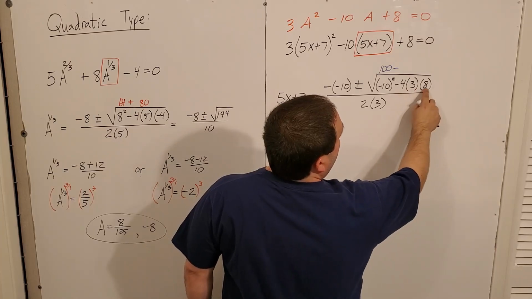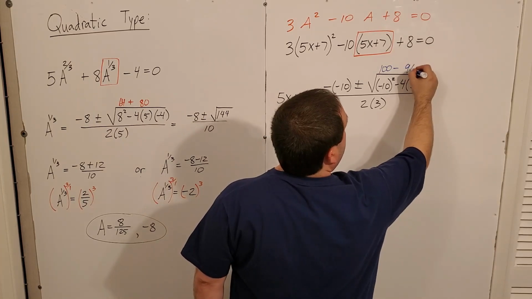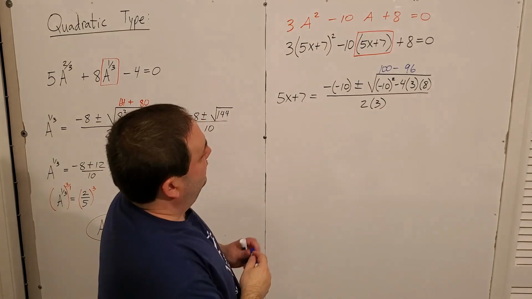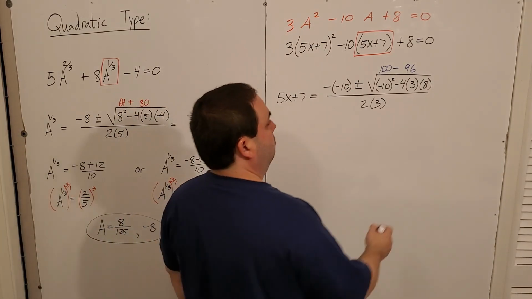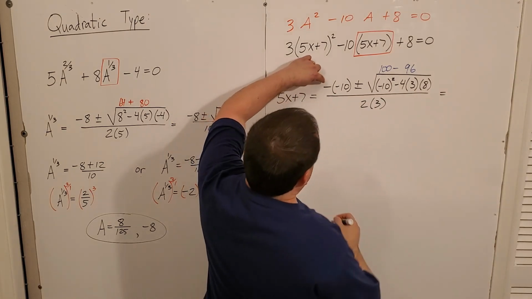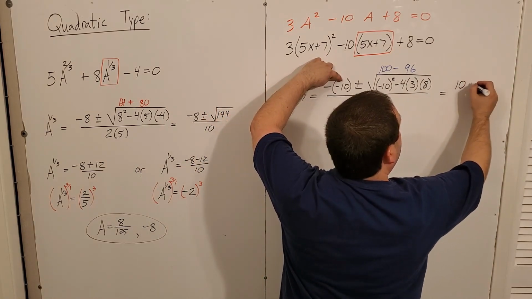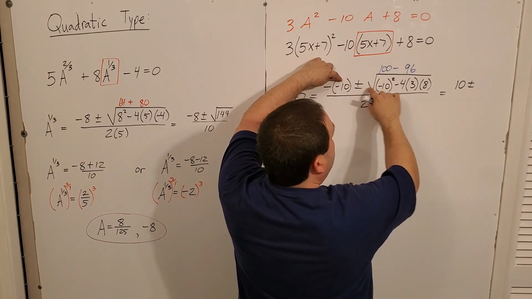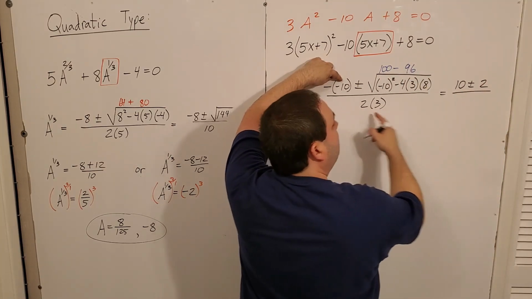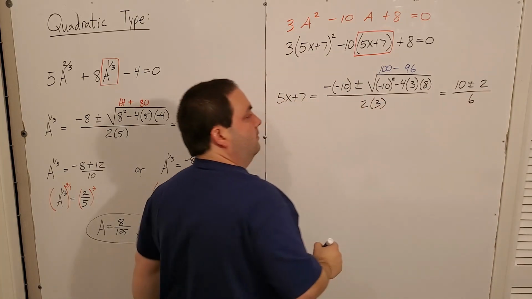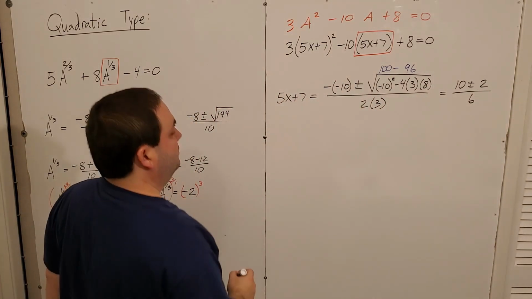Okay, so real quick, that square root has a 100 minus 12 times 8 is 96. Right? So that's a square root of 4. Negative 10 is 10, plus or minus square root of 4 is 2, and then all over 6, right? Okay, so here we go.